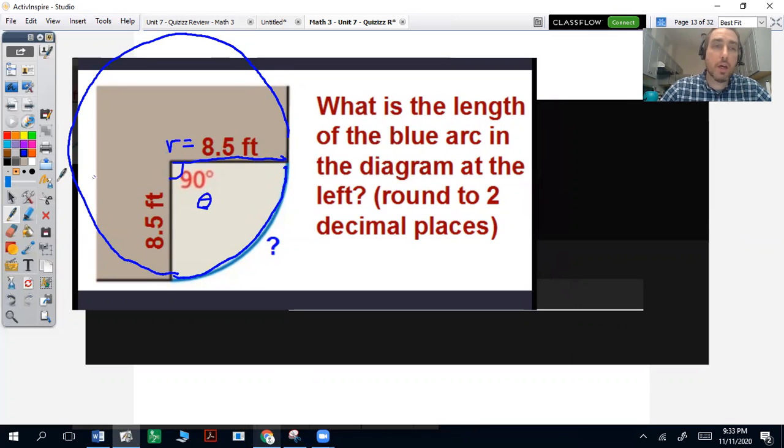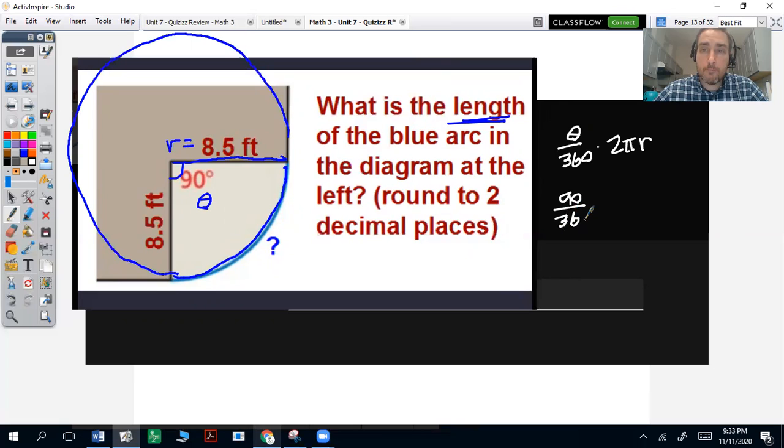So we want to know the length. Now the length formula for degrees is going to be the degree over 360 multiplied by your circumference, which is 2 pi r. So we're actually going to plug in our 90 for the degree, and we're going to times that by 2 pi, and then your radius is 8.5.